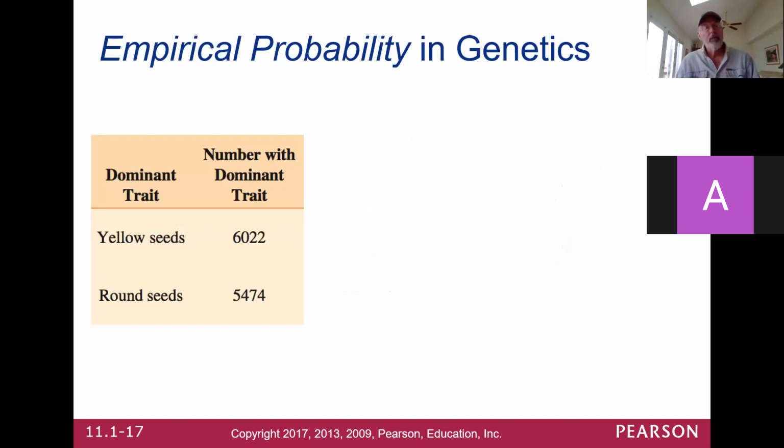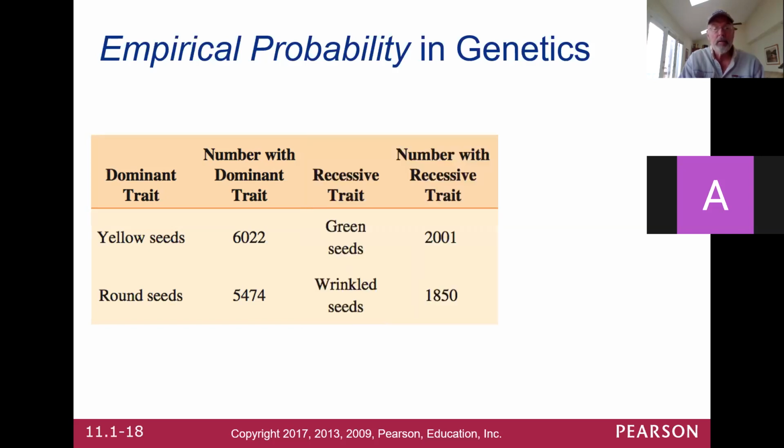Okay, so if we were to start thinking about this in table form, we would think about the number with a dominant trait and the number with a recessive trait.